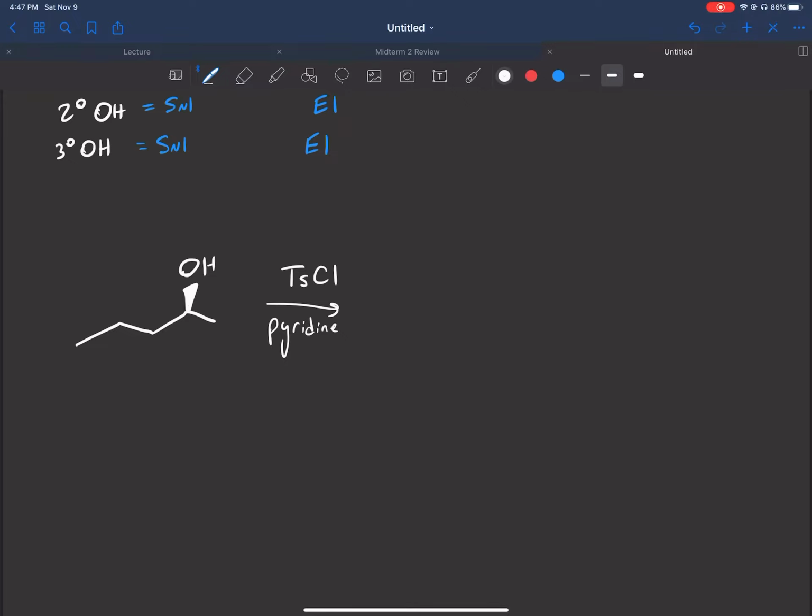Okay, so TsCl over pyridine. And so what exactly is this going to help us do? So we, again, know we're going to turn it into a good leaving group. Now, the little thing I did here is that we now have stereochemistry, okay?